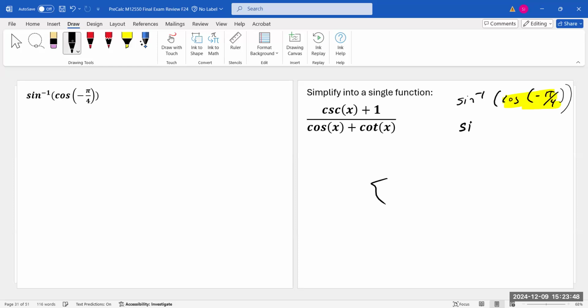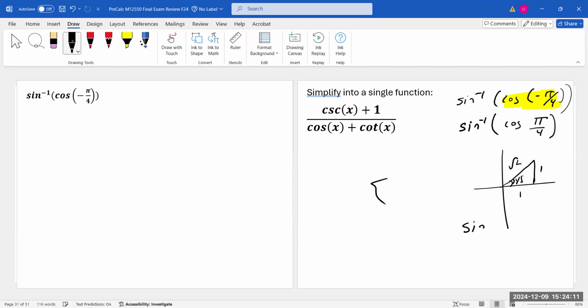So this is the same as sine inverse of cosine of positive pi/4. Now pi/4 is 45 degrees. So for 45 degrees, we have 1 over √2.